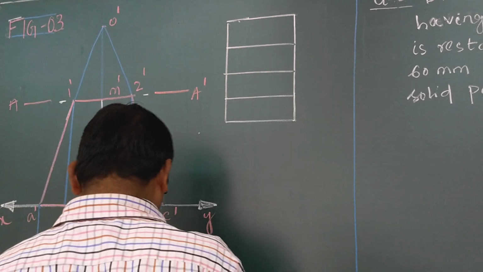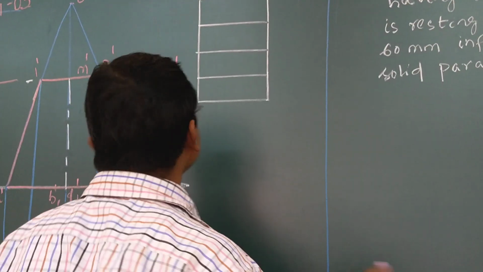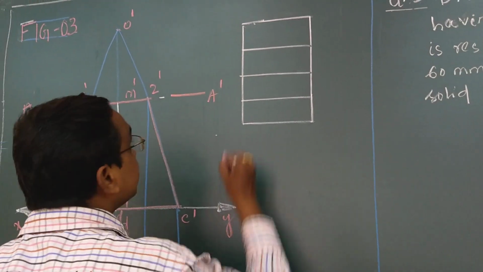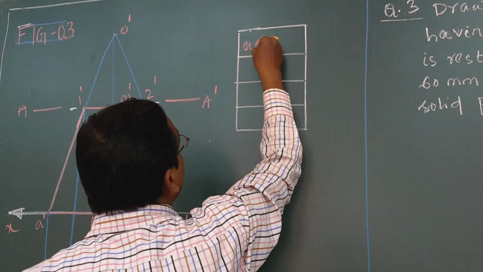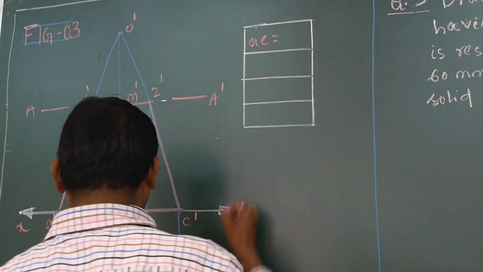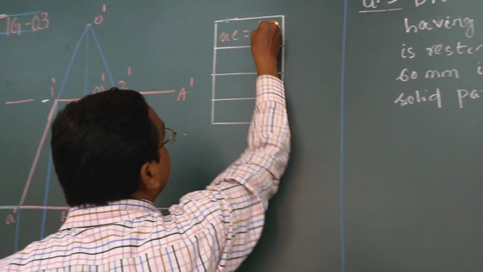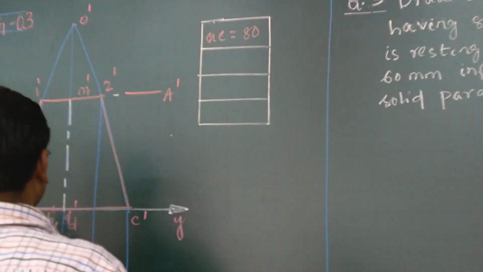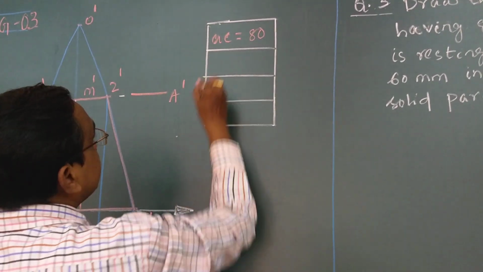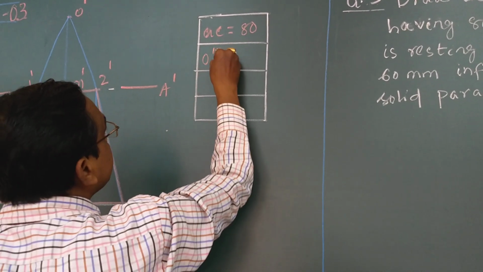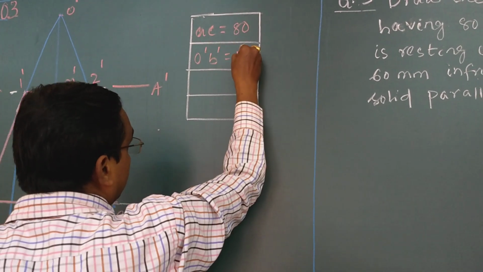So here write down with the help of your HB pencil AC. AC means diameter of the cone, that is 80, and O dash B dash at the axis, O dash B dash 110.